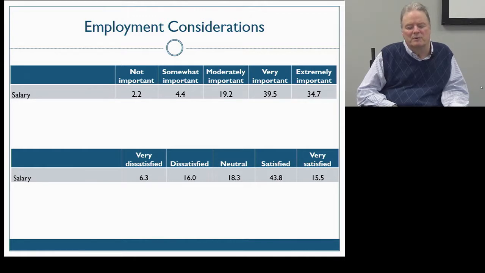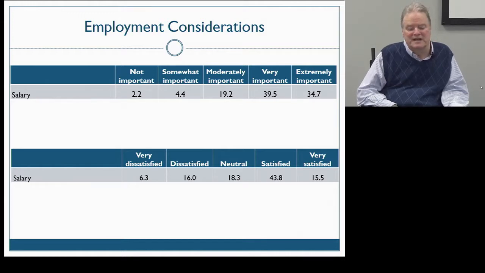Actually, 34.7%, extremely important, 39.5% very important, and relatively few people say that it's either not important or only somewhat important. So you see the value people put on salary.